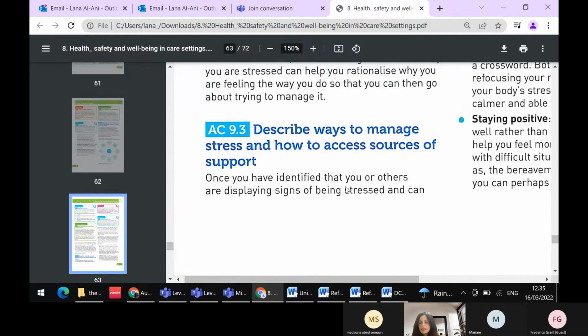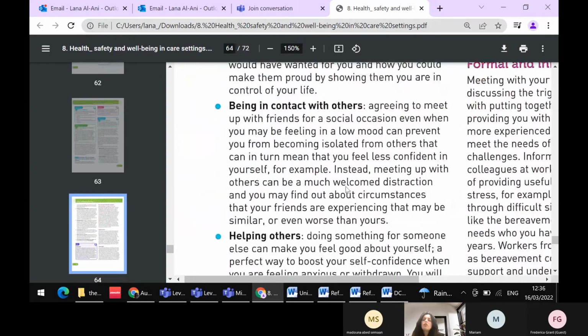Being active also means being in contact with others. If you have nice, healthy relationships and friendships, and you go to social events, meeting people, that will release the stress, because you will have lots of things to talk about.